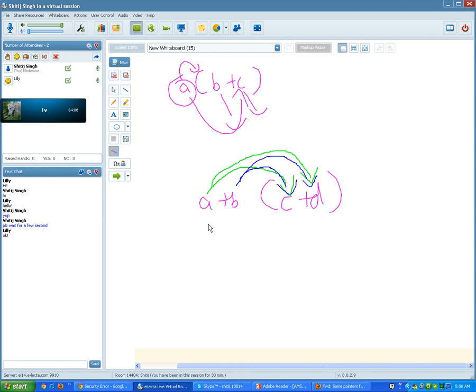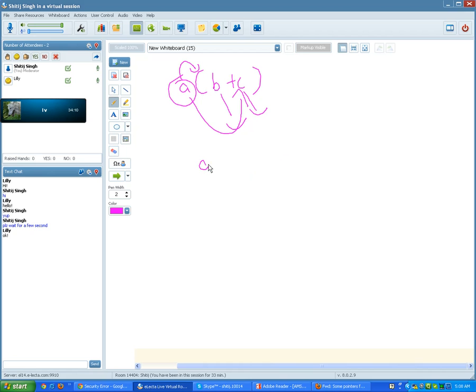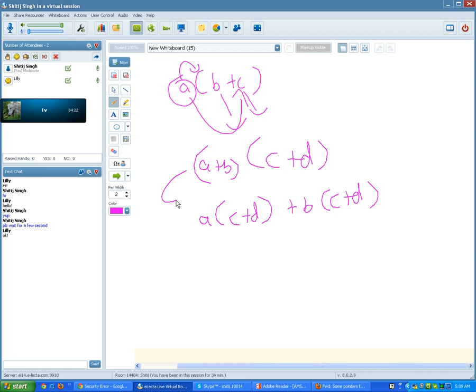In the same way, you are absolutely correct. They both got chocolates for you. So now you can write a times c plus d plus b times c plus d. This is the way in the steps you will break it out. Then ac plus ad, then bc plus bd. This is called the exact stepwise distributive property.